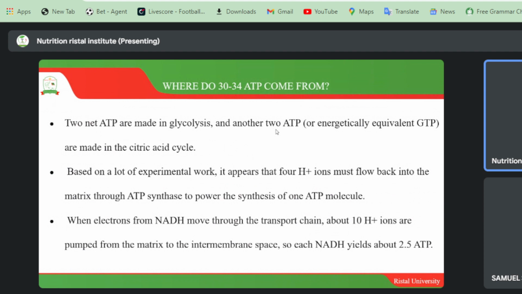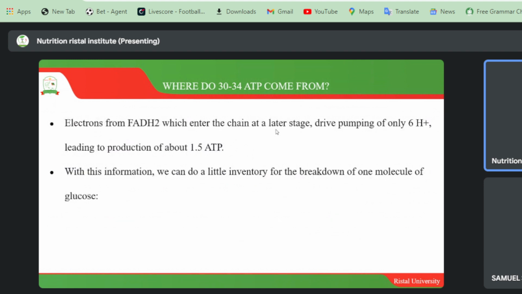Every molecule of NADH produces 2.5 ATP, and every FADH2 molecule produces 1.5 ATP. Electrons from FAD which enter the chain drive pumping of only 6 hydrogen ions, leading to production of what? 1.5 ATP.